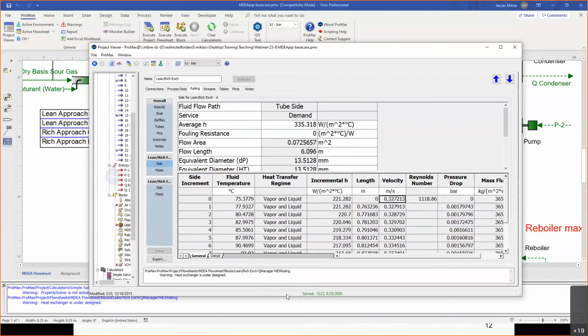So do you have any suggestions how we can increase velocity of this one-pass heat exchanger? Plug some tubes. That's an interesting answer that could definitely work. At the same time, we would be sacrificing part of the area we're having.